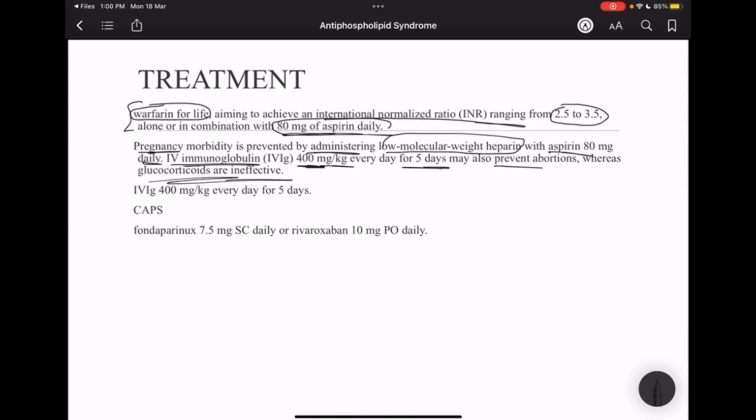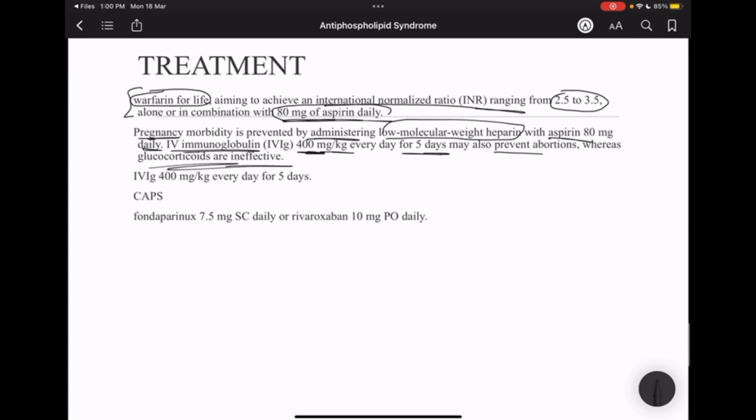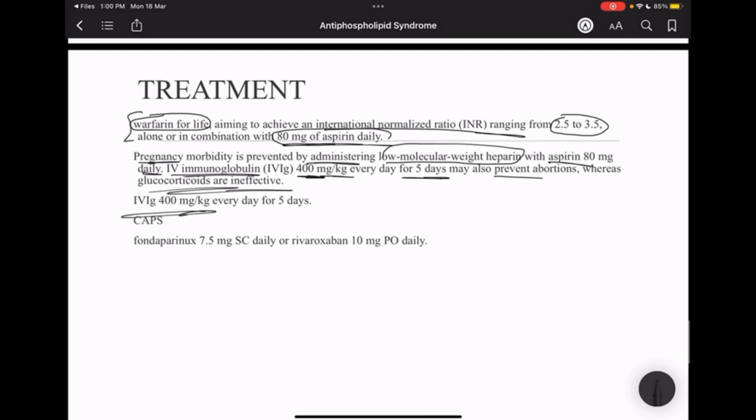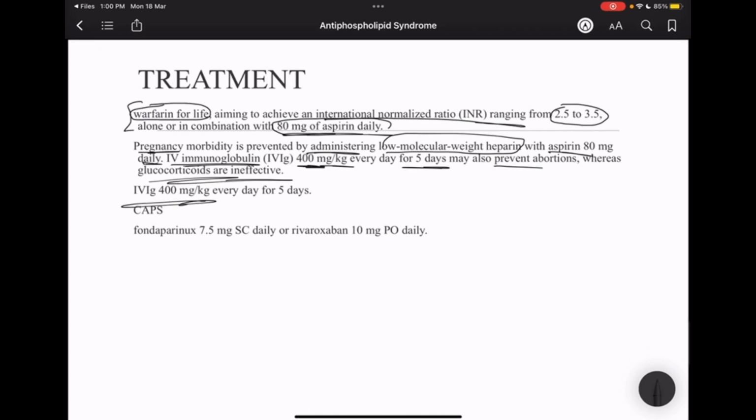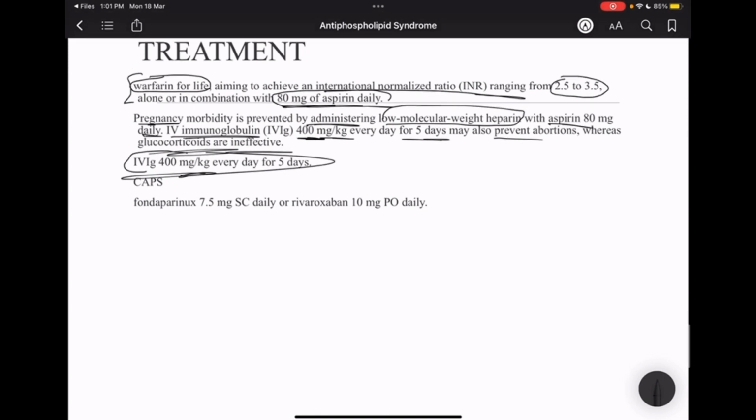In some patients, they have catastrophic antiphospholipid syndrome and recurrent thrombotic events despite treatment. They take warfarin and aspirin, and it's not effective for them. So we can give them IV immunoglobulins, 400 milligrams every day for 5 days. It can be helpful in this case.